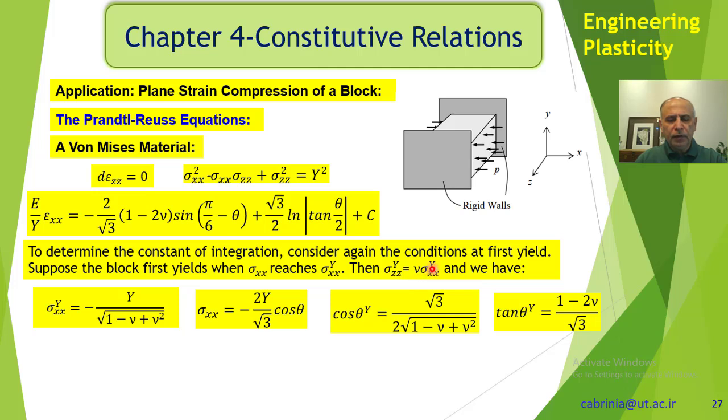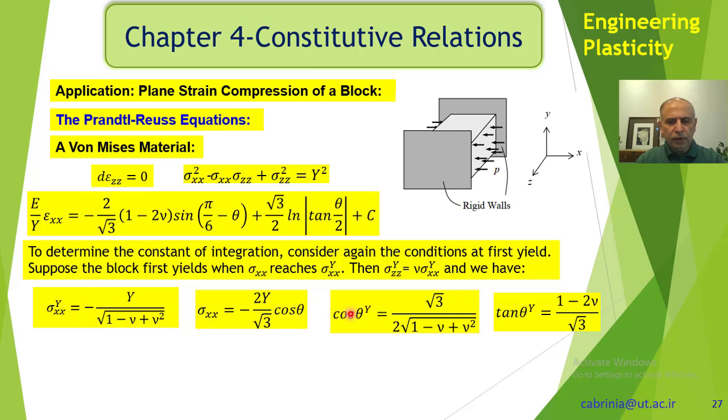Also, sigma zzy is equal to mu sigma xxy, and so we have here these values. Sigma xxy is equal to y over that value, sigma xx.